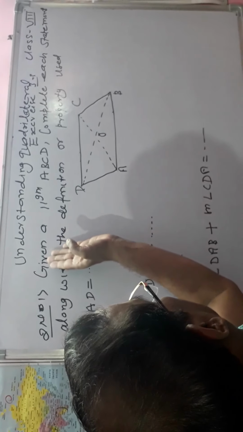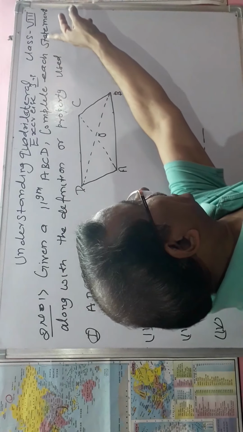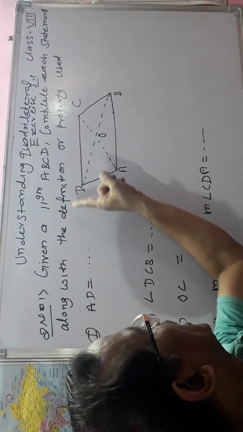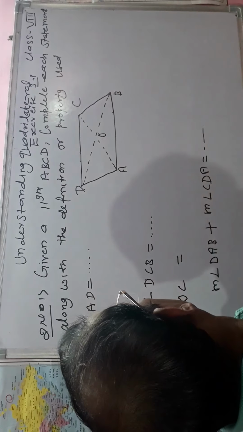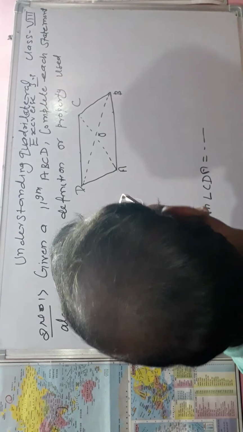Now first question is this: given a parallelogram ABCD, complete each statement along with the definition or property used. Now we will read again.